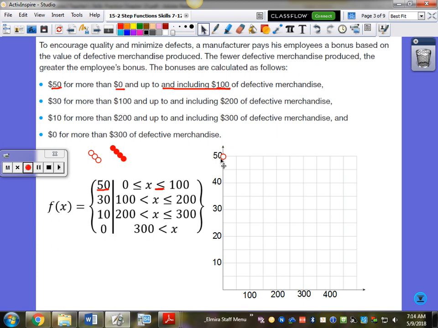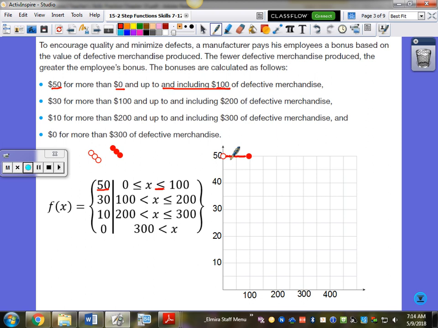So 0 merchandise destroyed up to 100. I guess it's possible that you could destroy 0 merchandise, but perhaps so unlikely.